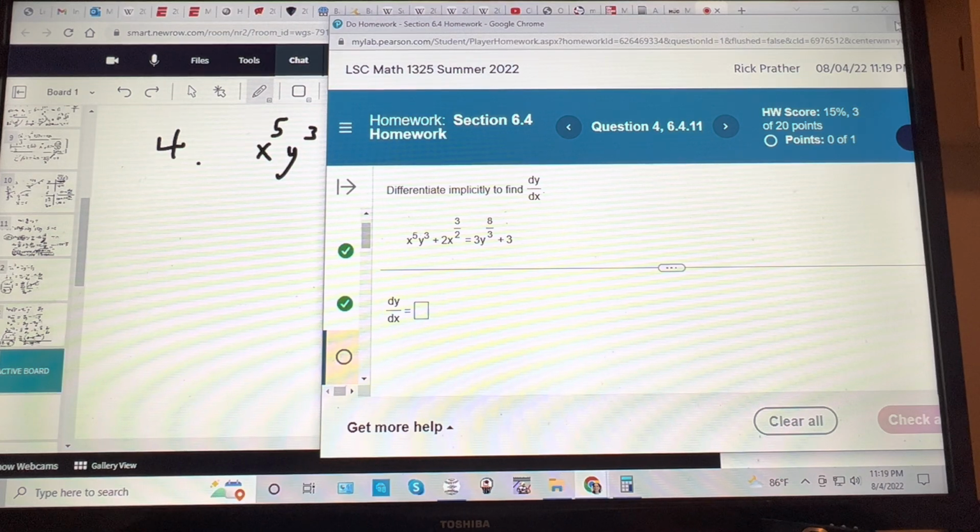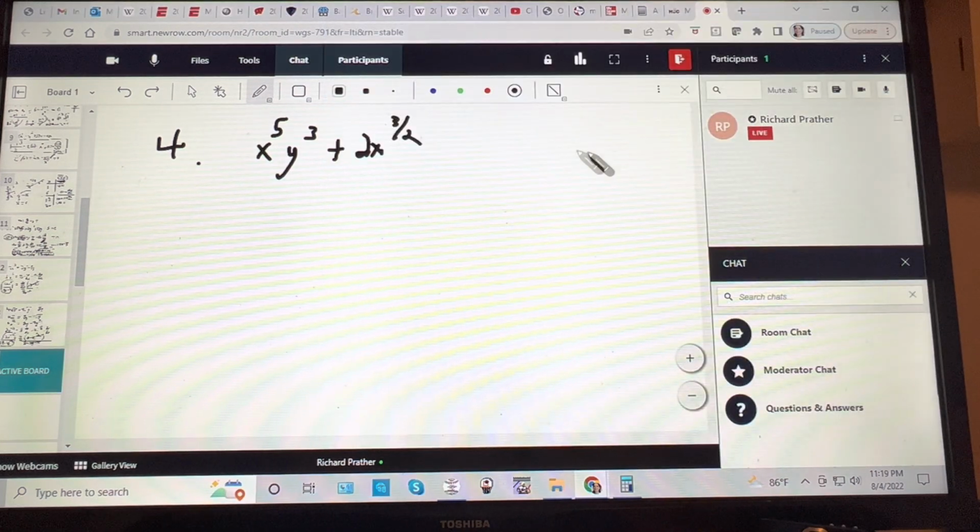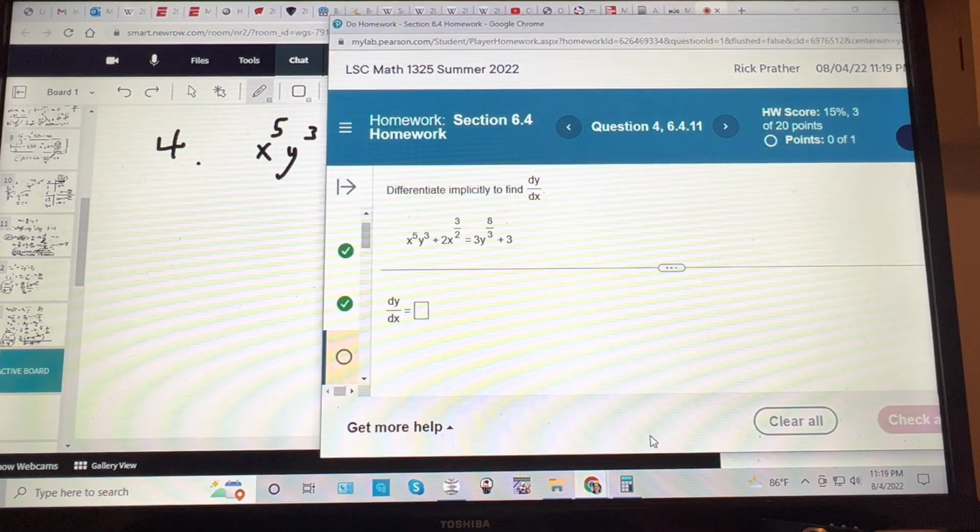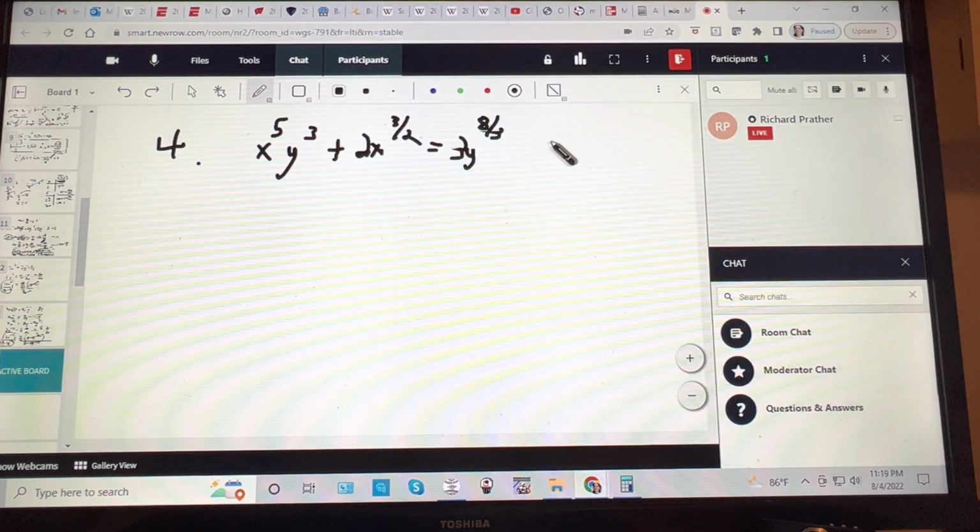Equals 3y to the 8/3. That one's only about y. And a plus 3. The strategy of getting x's on one side and y's on the other isn't really going to help here, because these two are together, so no matter what side you put it on, it's not going to work that way. So I'll just do it as is.